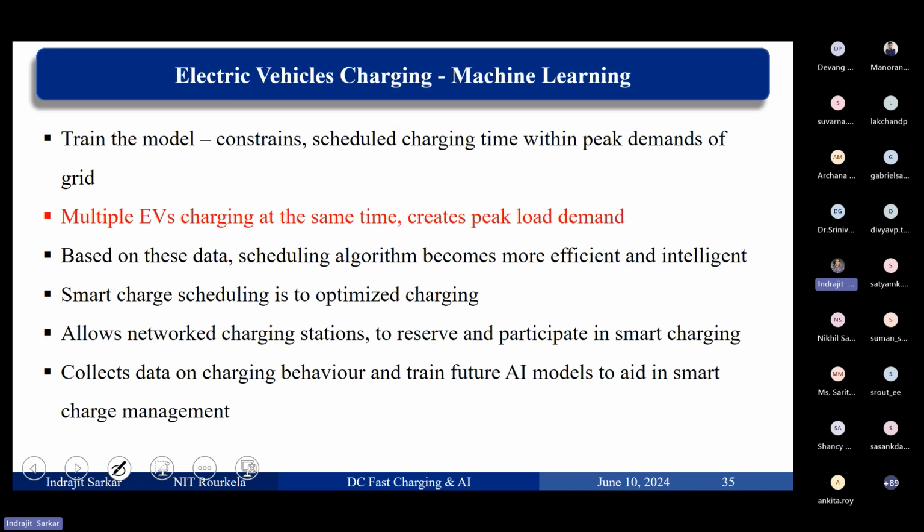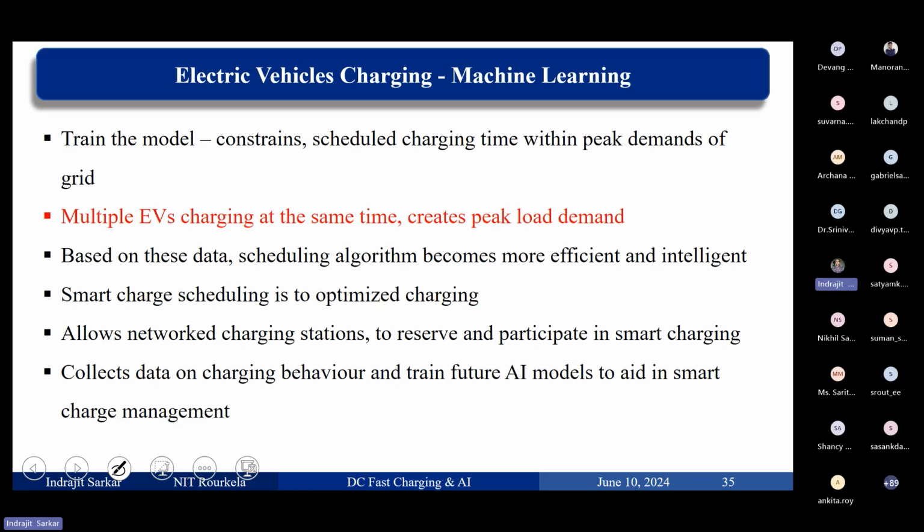Okay, so in machine learning, what we do is train the model using constraints and schedule charging times around the peak demand of the grid. We are taking care of the peak demand of the grid, and accordingly we are scheduling the charging. That is how the load is distributed, as opposed to previously, when charging happened at the peak of grid power.